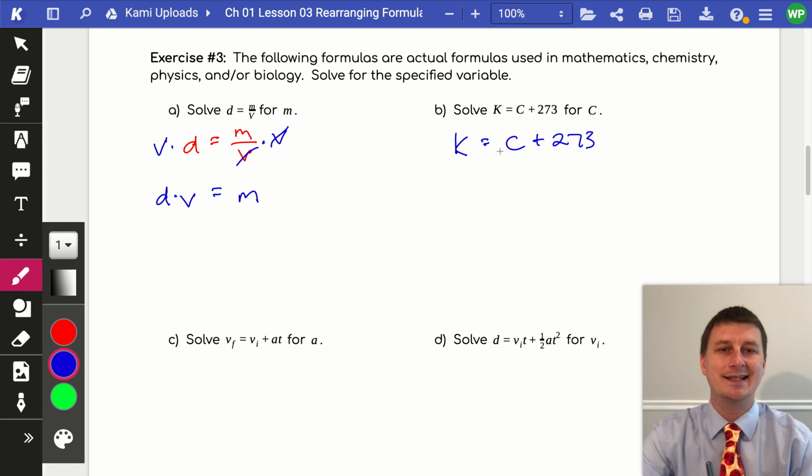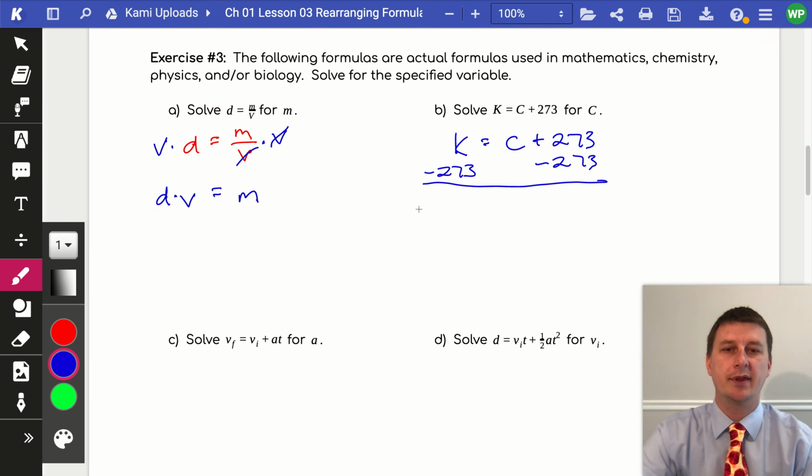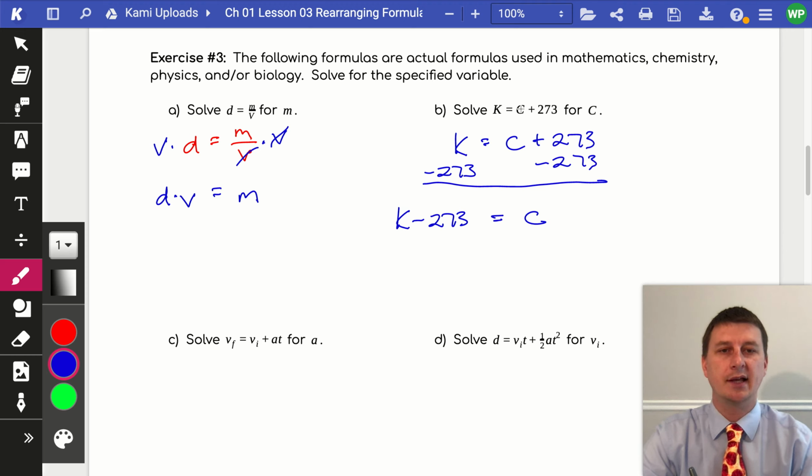And the way I'm going to isolate the C here is going to be to subtract 273, just one short step. And I'll be left with K minus 273 is equal to C. So just as I have a formula to convert from Celsius to Kelvin, now I have a formula to convert from Kelvin to Celsius. C is isolated, done with part B.